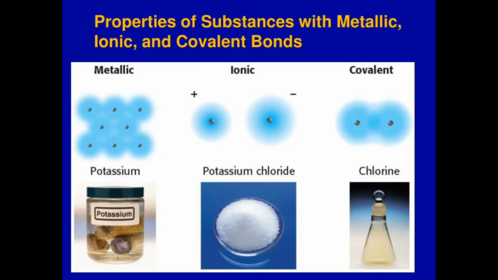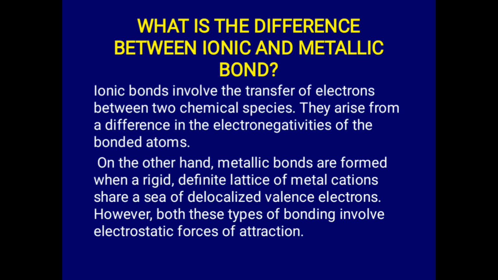Okay, so let's quickly compare metallic, ionic, and covalent bonds. This is an example of how a metallic bond looks in terms of the crystal structure. You see that of ionic and then that of covalent.